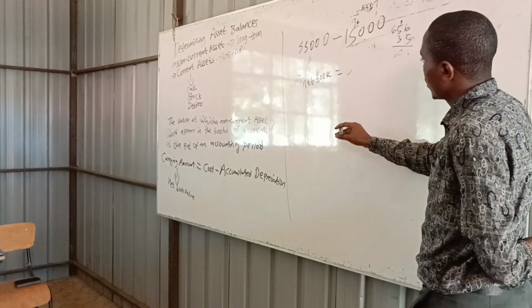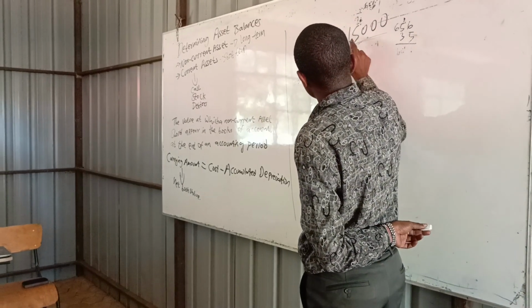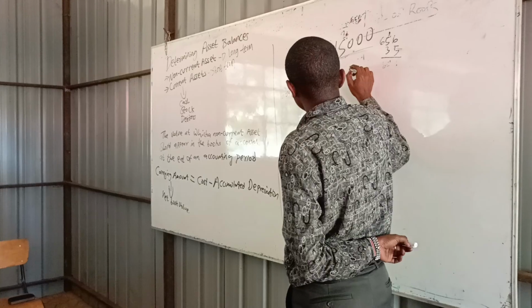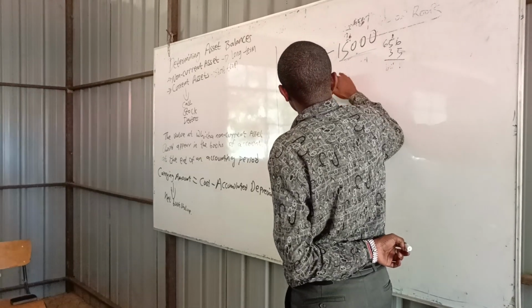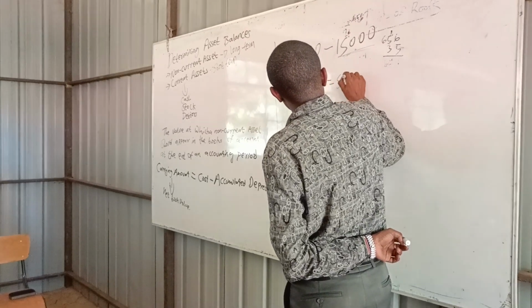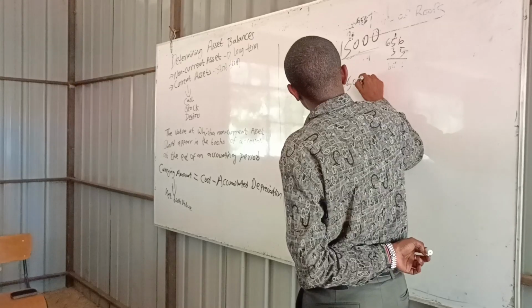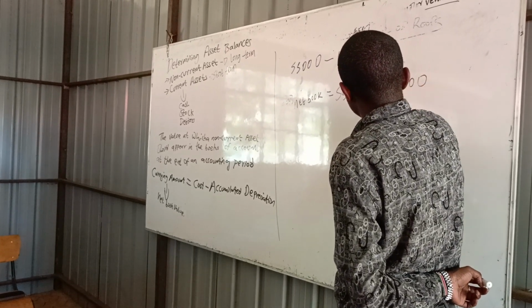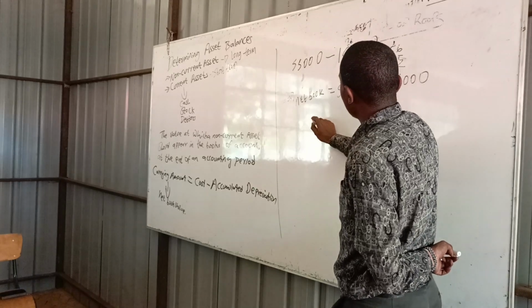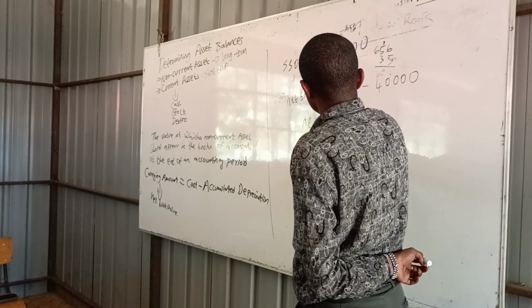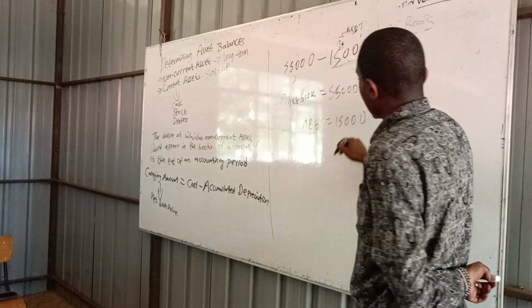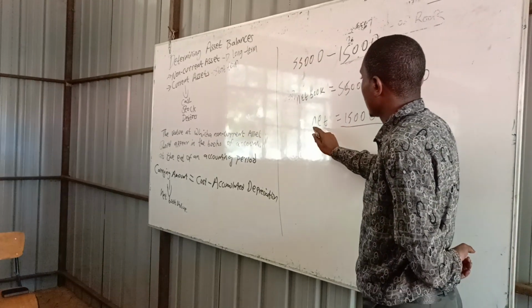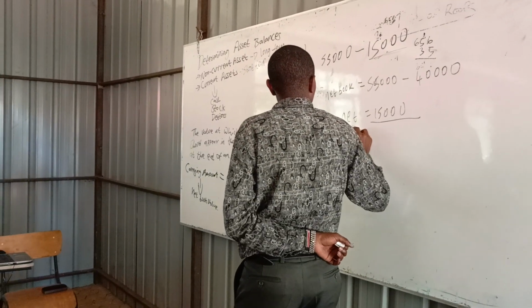So the accumulated depreciation, if he is to sell it to you at 15,000, the accumulated will be 40,000, isn't it? So it will be 55,000 minus 40,000, and that's how we get the net book value of 15,000. The way he has said, he'll sell it at 15,000. So that is the net book value.